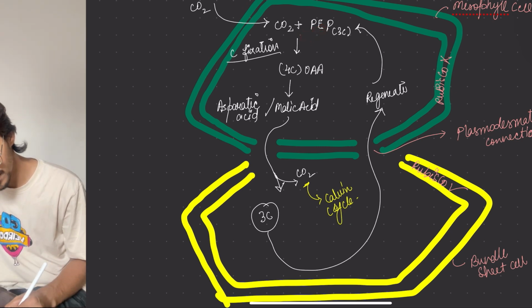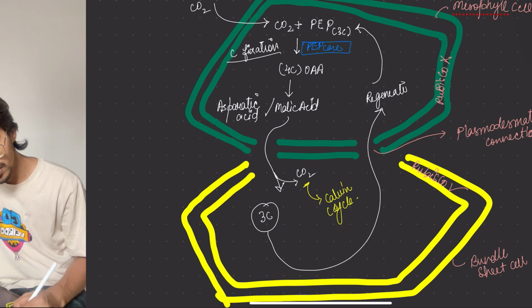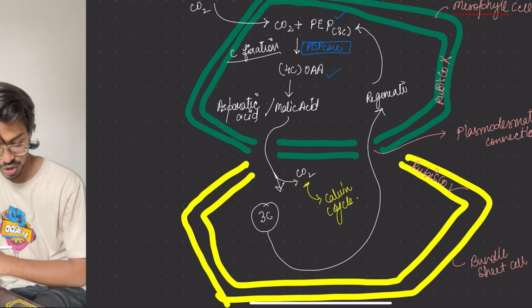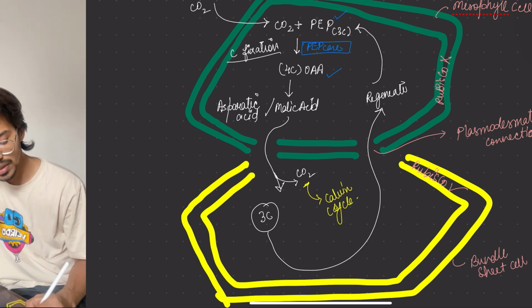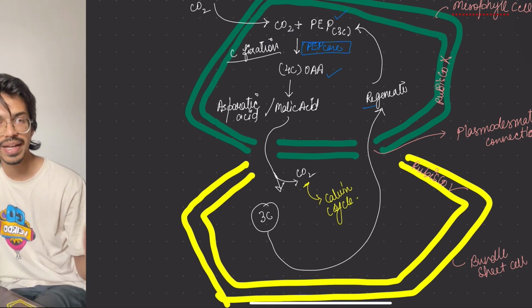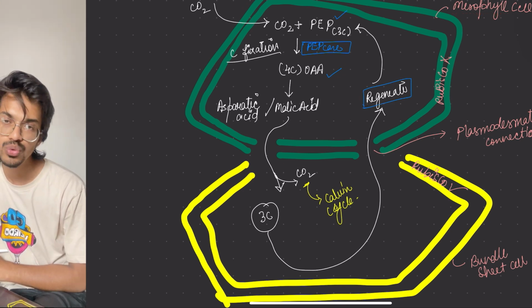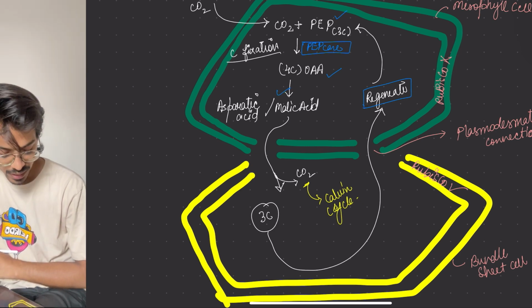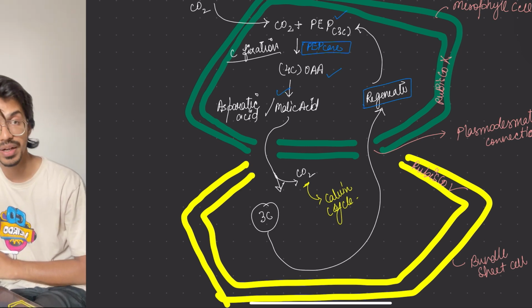The enzyme name is PEPcase. This is the extra thing. The acceptor is 2C, and the first stable product is 4C, that thing also you have to remember. And during the regeneration, the extra ATP that is required will be used up, and some will be used up over here. Okay, so this thing you have to remember about it.